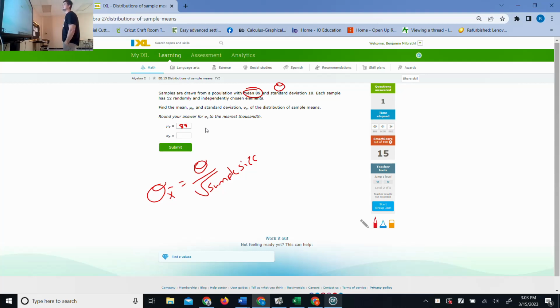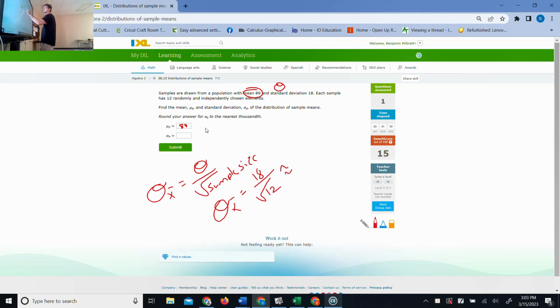So it's actually pretty simple to do. So here we have a standard deviation of 18. And it says each sample has 12 randomly and independently chosen elements, so over the square root of 12.